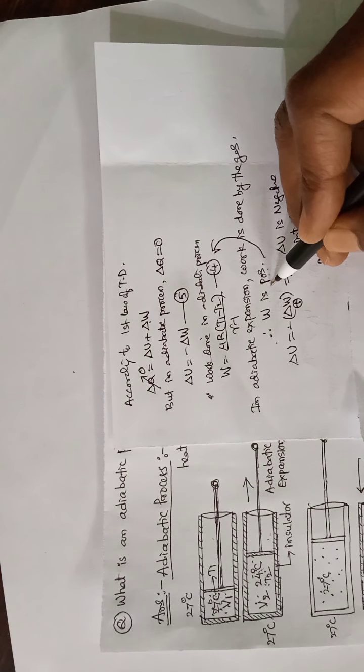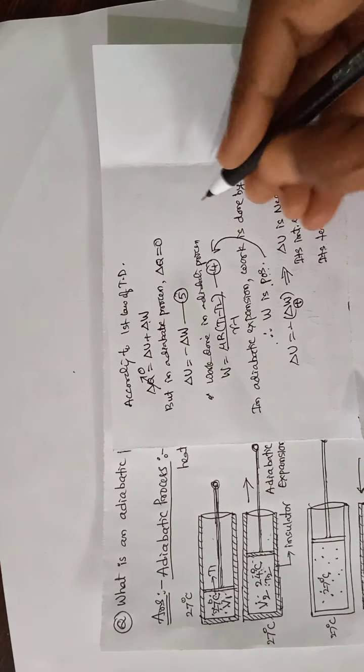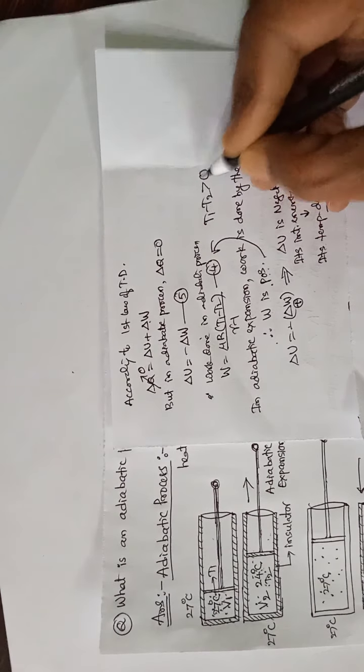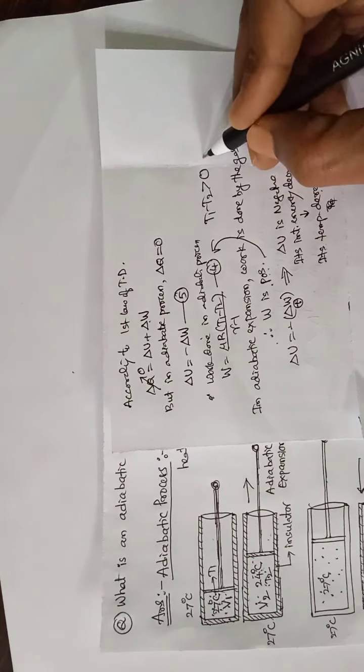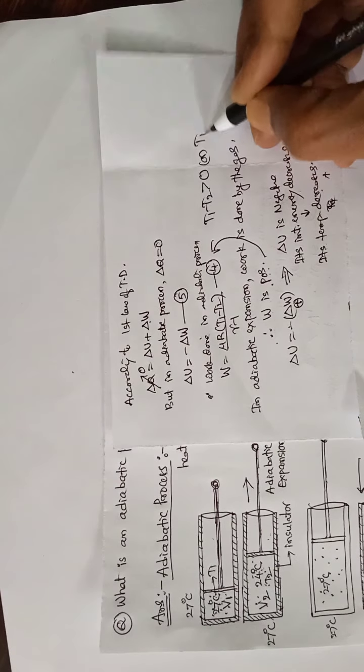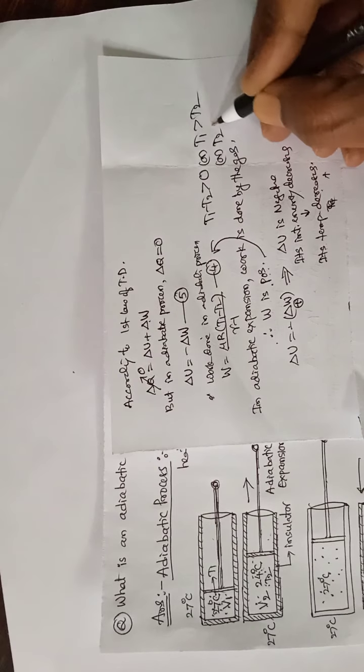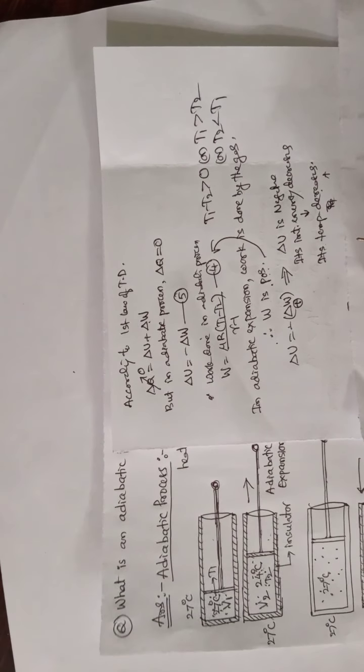If W is positive, this is positive. That means T1 minus T2 is positive. Or T1 greater than T2. Or T2 less than T1. It means what? Temperature is decreasing.